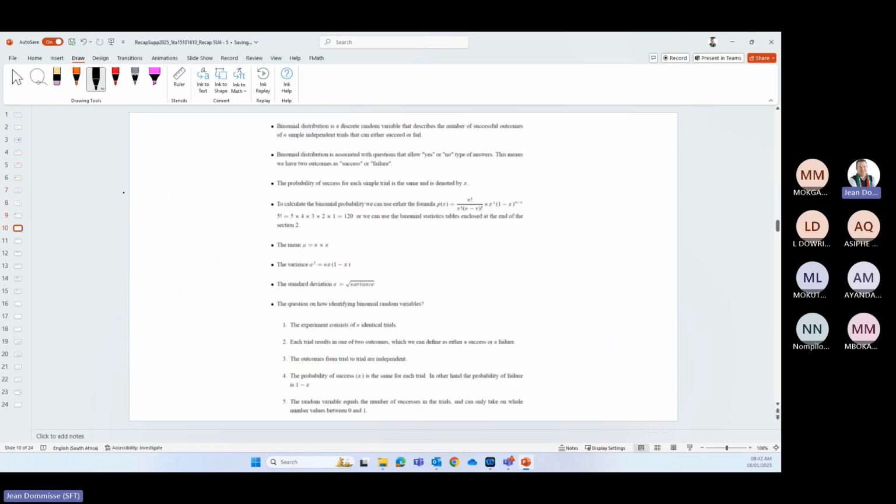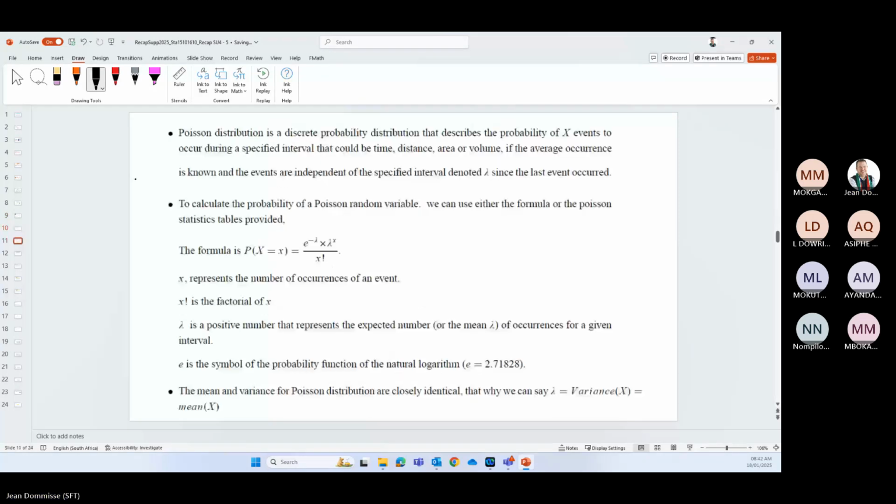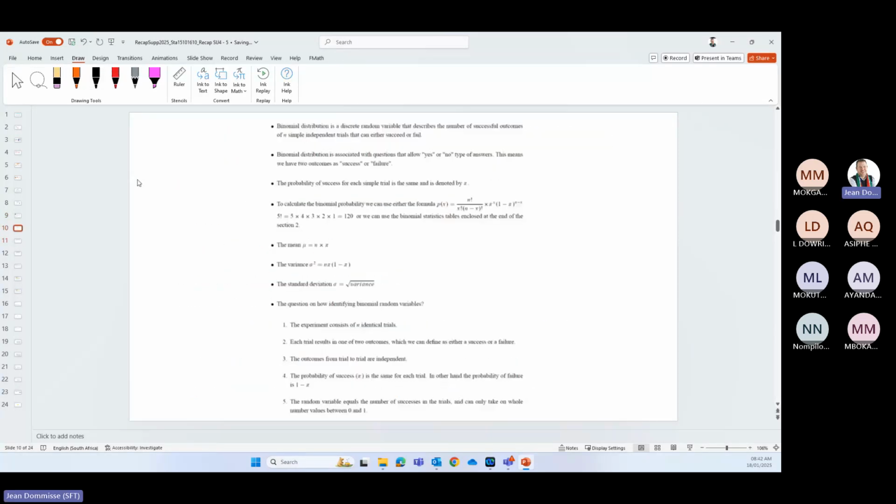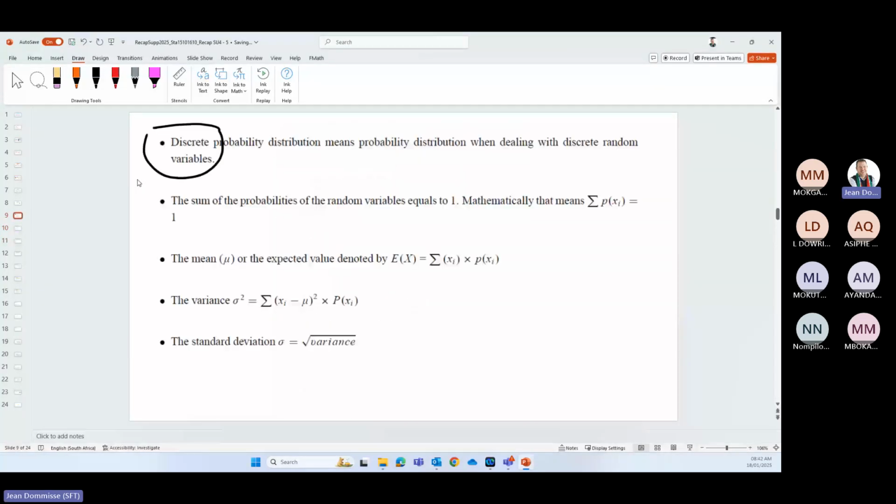Okay, perfect. So then we go into the discrete probabilities. Study unit 5. And discrete, as we did in study unit 1, is numbers 0, 1, 2, 3, 4, 5.